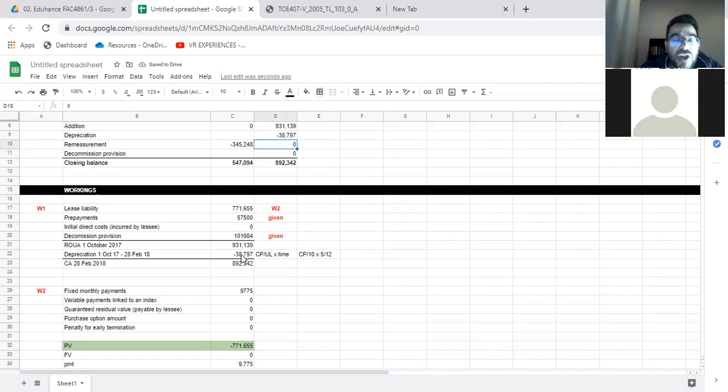Now what happens on 1 March 2019, the beginning of the financial year, is a remeasurement, or whatever it's called. I just want to get the right terminology quickly. I have the standard open here. Let me check, what's it called?